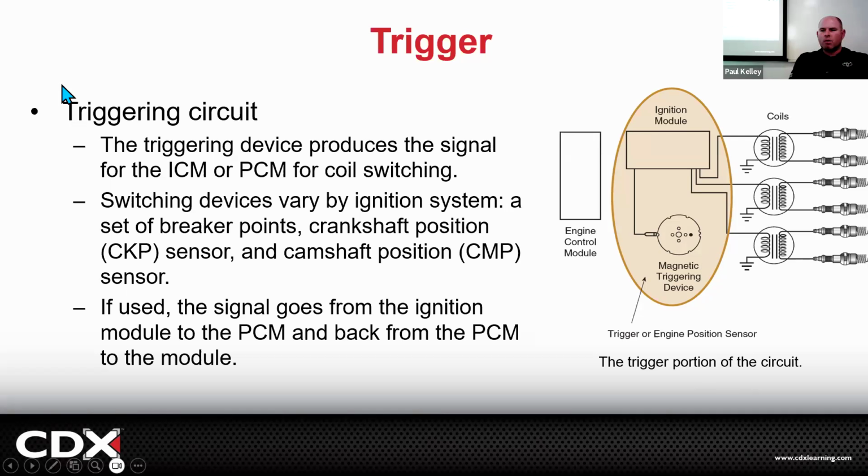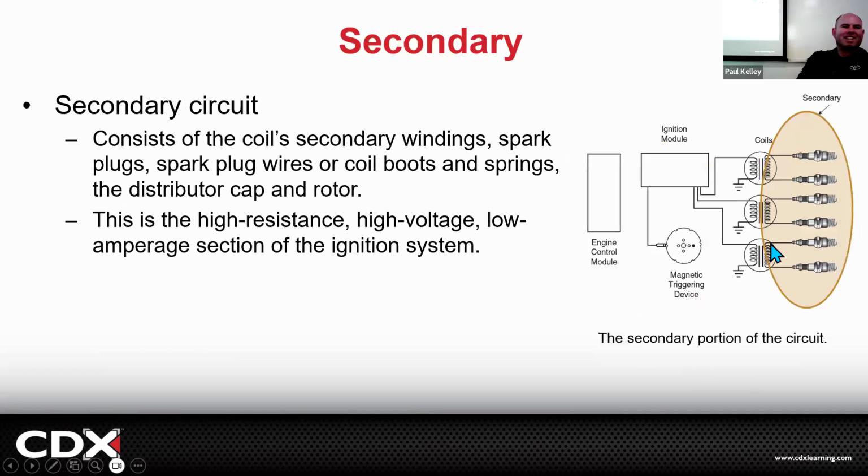All right, cool. How about who thinks they know where the secondary's at? Yeah, on this picture. Yeah, exactly. The spark plug is secondary. That high tension cable, aka spark plug wire, is secondary. And the part of the coil that's got a lot of windings, that's the secondary.